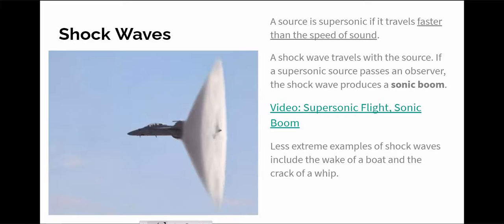But it is possible, especially with higher caliber sniper rifles, to fire a bullet that's traveling faster than the speed of sound. That would be supersonic. Whenever something travels faster than the speed of sound through the air, it creates a shock wave. We have a special term for shock waves created in air when an object goes faster than the speed of sound. We call these things sonic booms.